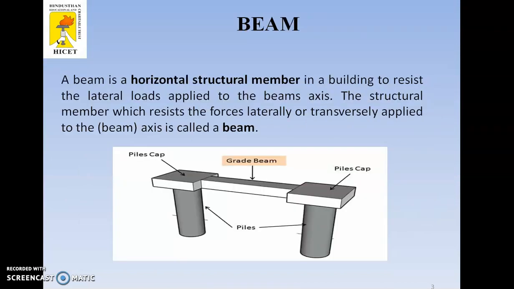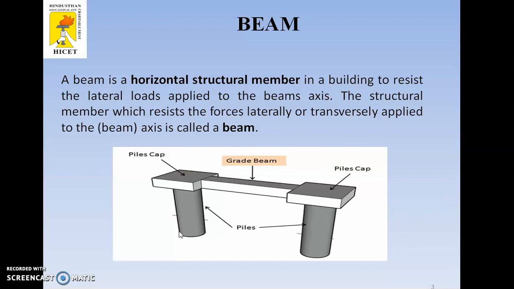Then what is a beam? A beam is a horizontal structural member in a building to resist the lateral loads applied to the beam axis. The lateral forces applied on the beam axis means the vertical forces. The structural member which resists the forces laterally or transversely applied to its axis is called a beam.